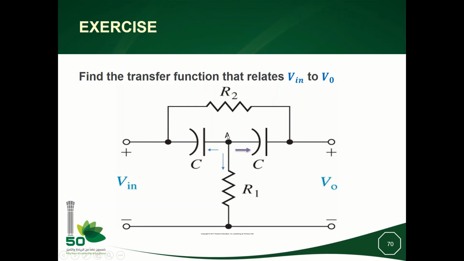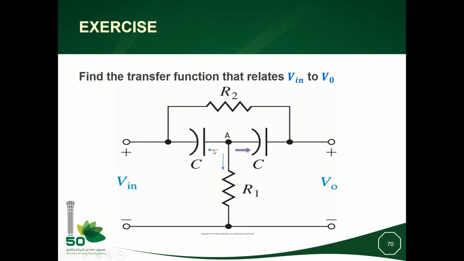So here we have A as an essential node. I can write KCL, or the voltage node equation, at node A. We have this current plus this current plus this current equal to 0.